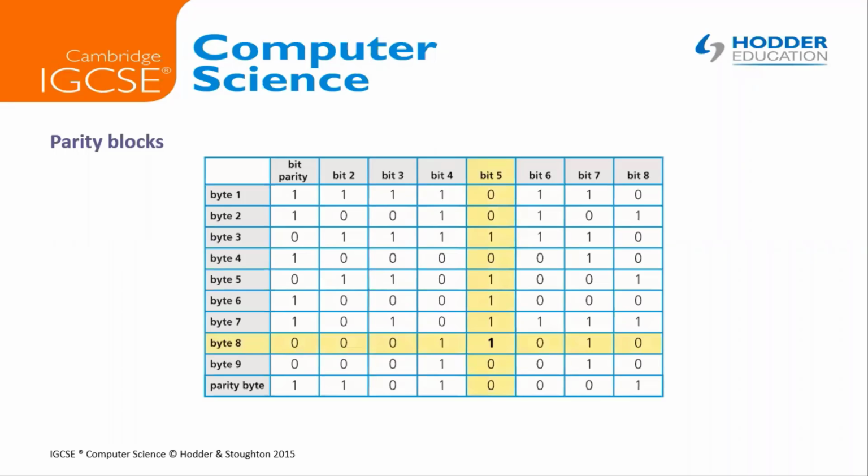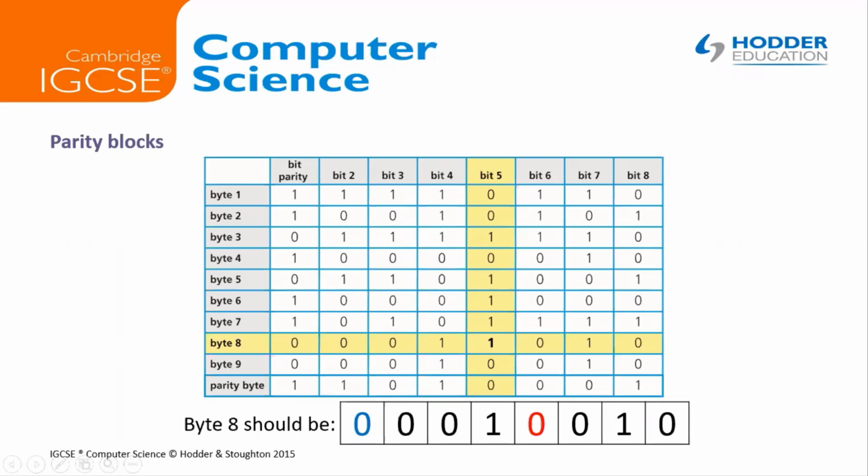Now, when it comes to parity blocks, you will need to count the number of ones by rows and by columns, and then you'll have a point of intersection, like you can see in this diagram here. So for bit 5, as you can see, and byte 8, it should be a 0.